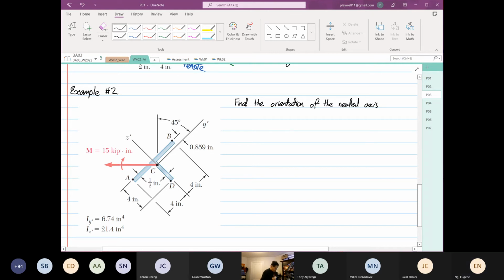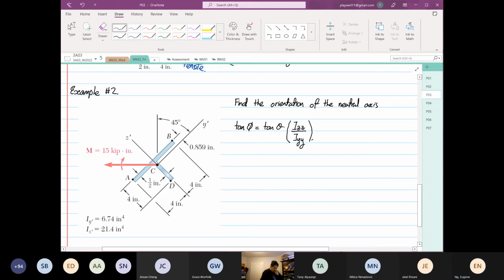Now the formula that we are given is tangent phi is equal to tangent theta, then Izz over Iyy.